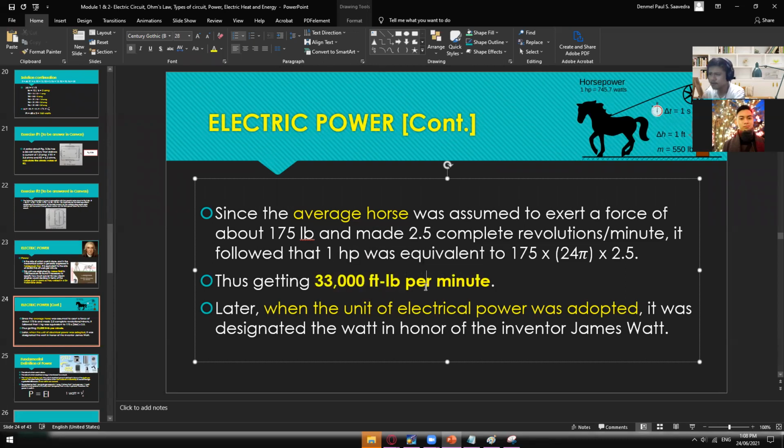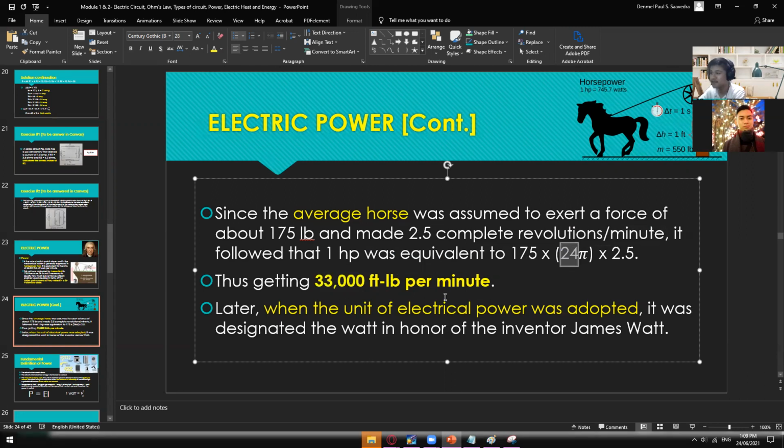If you're still confused on how we got this 33,000 foot-pounds, don't sweat looking for the values on why we arrive at 33,000, because the one he used is a 24 feet diameter circle.